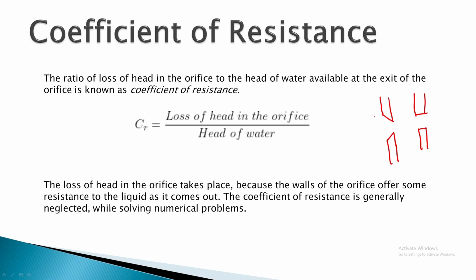Water flows like this, and here it is also the same. The loss of head in the orifice takes place because the wall of the orifice offers some resistance to the liquid as it comes out. When the liquid comes outside, these particular walls give some resistance, and that is why the loss of head takes place.